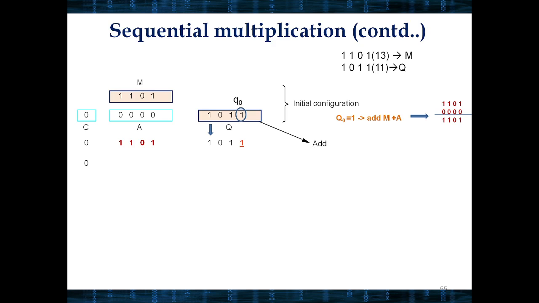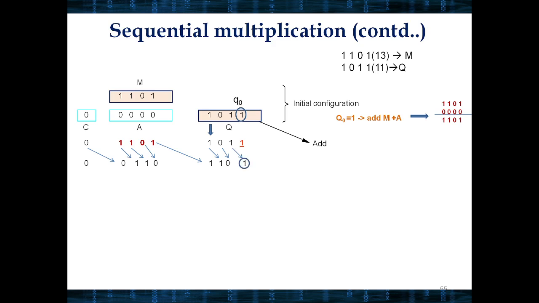Now the addition operation is performed. Next we need to do a shift operation: add, then shift to the right. Here first we shift the carry bit to the right position, then from register A, one by one we shift to the right, one bit position. Now register Q value is shifted.